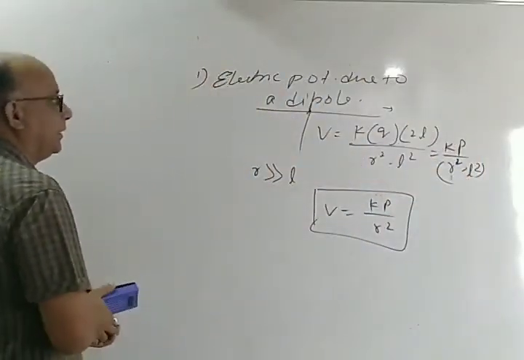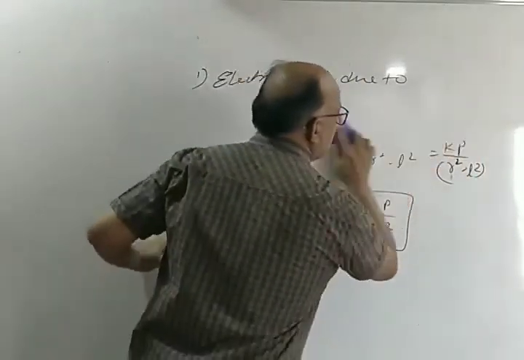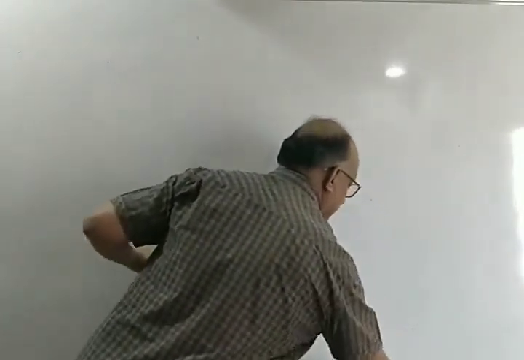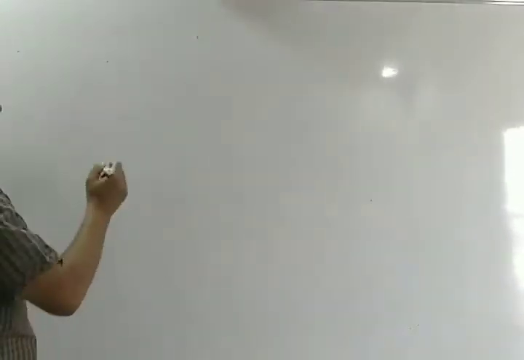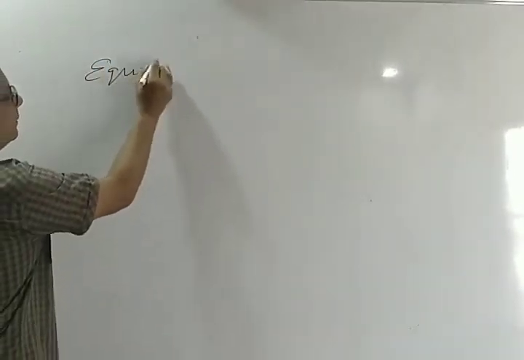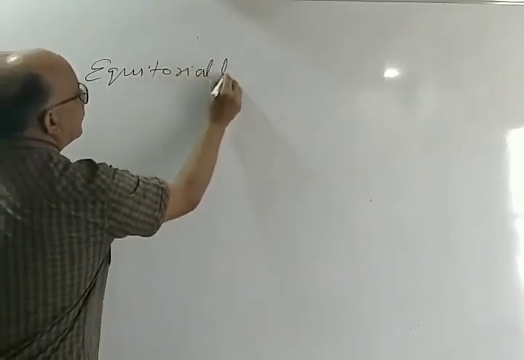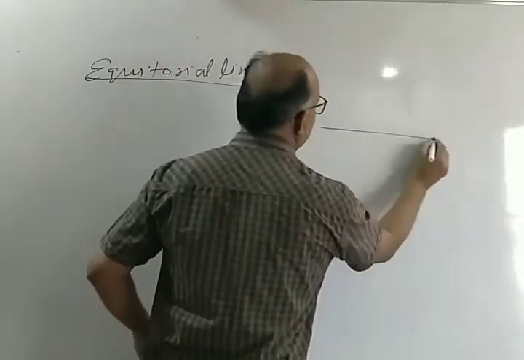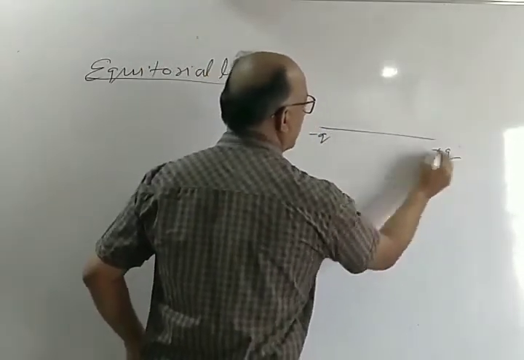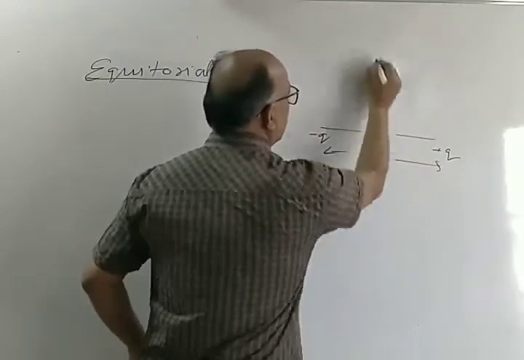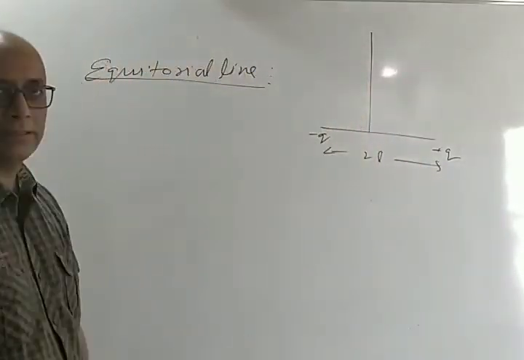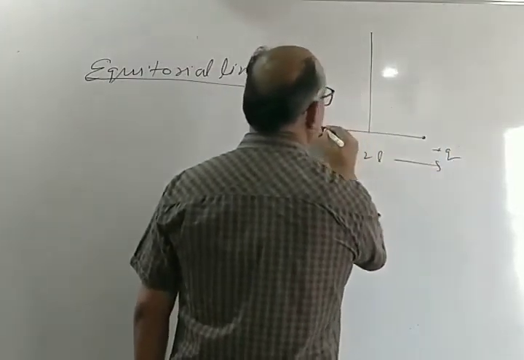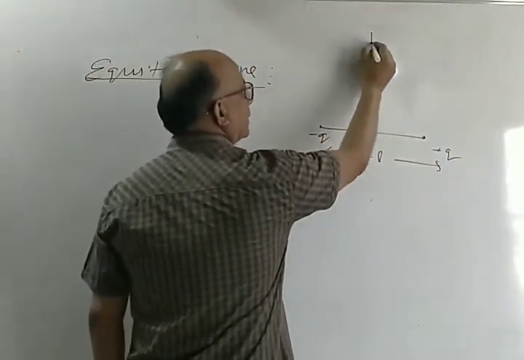take the second situation. We calculate the electric potential on its equatorial line. When you talk of the equatorial line, this is your dipole, this is minus Q, this is plus Q, the separation is 2L, the perpendicular bisector is your equatorial line, and let us consider a point X here.